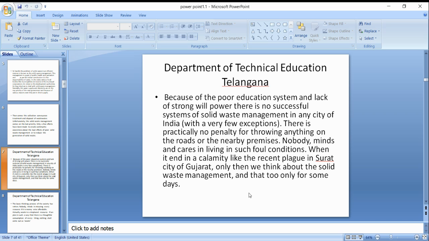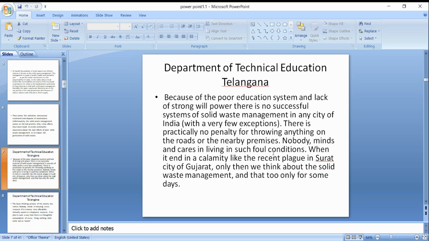For example, in other countries, they put waste in separate dustbins, a container, and do not throw it on the roads. But in India, we do not follow those instructions. So there should be some penalty so that people get awareness of this.